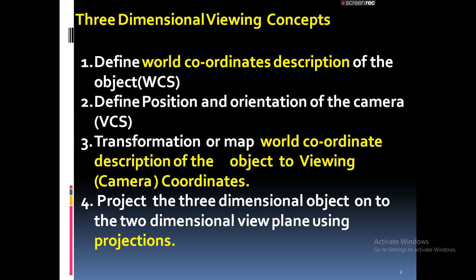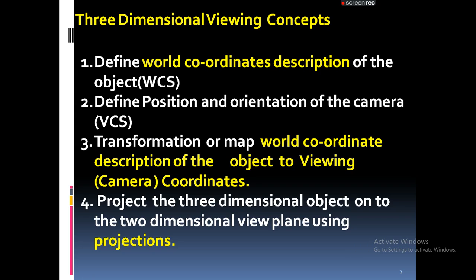I have written the first point: define world coordinates description of the object. Assume that one object exists in the world, and that object has its own mathematical description, and we provide the position of that object in the world coordinate system. This is the first step we need.